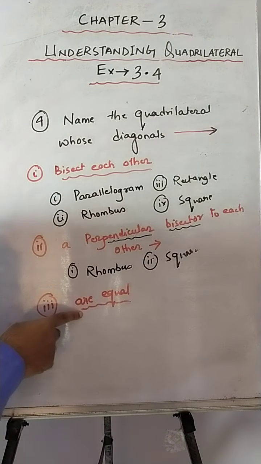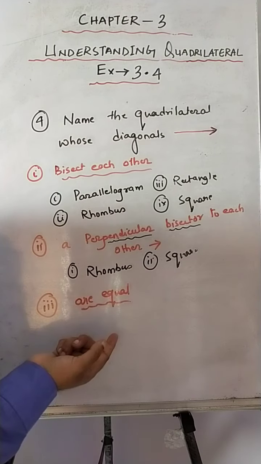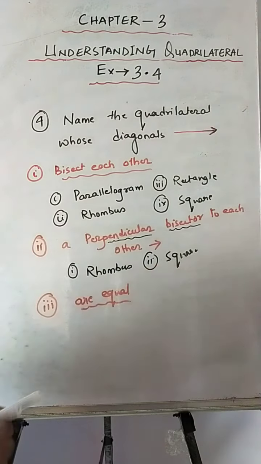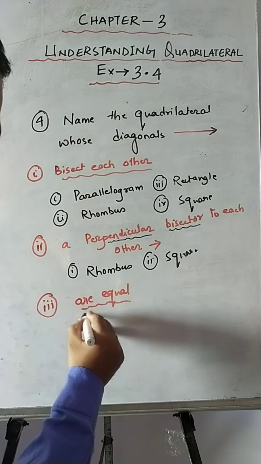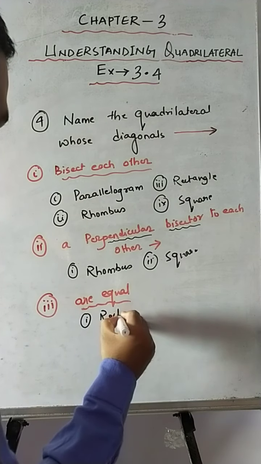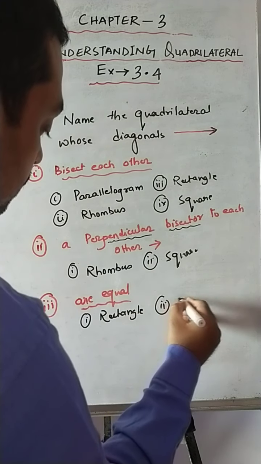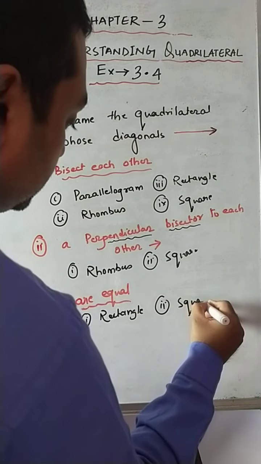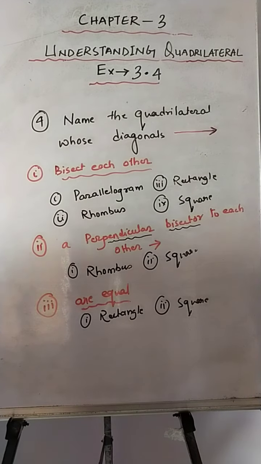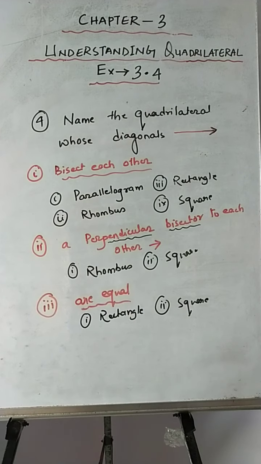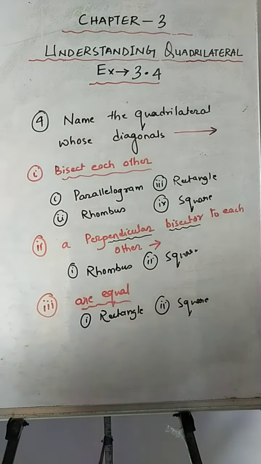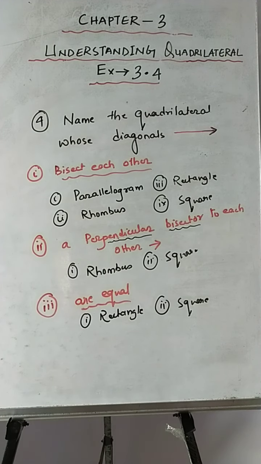But now the question is, in which quadrilaterals are the diagonals equal? The answer is rectangle and number 2, square. So in square and rectangle the diagonals are equal to each other, students. Okay, so this is the solution of question number 4.